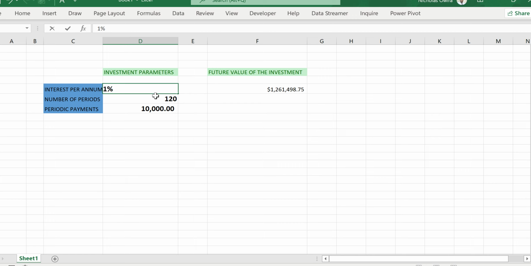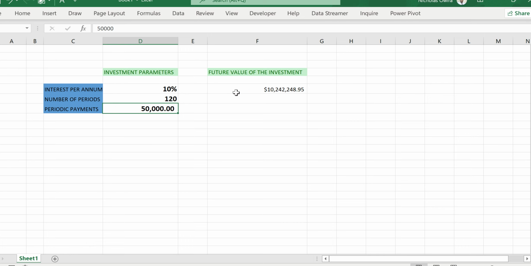Let's maintain it at 10%. If we change the number of periods to 24 months, our value is going to decrease. If we increase the payment amount to 50,000, our value is going to increase.